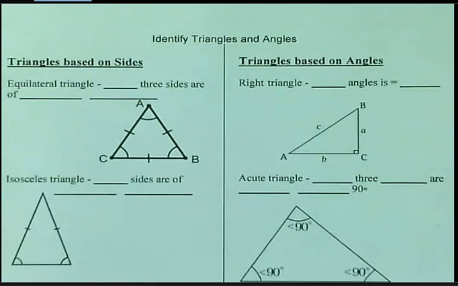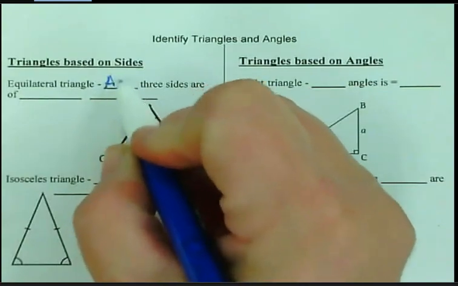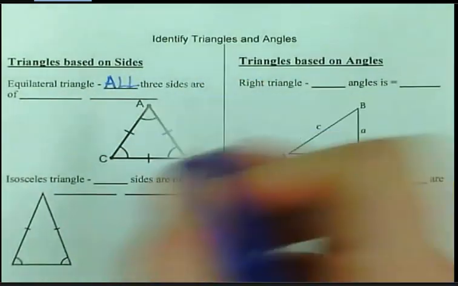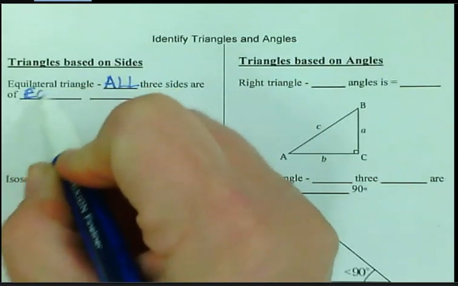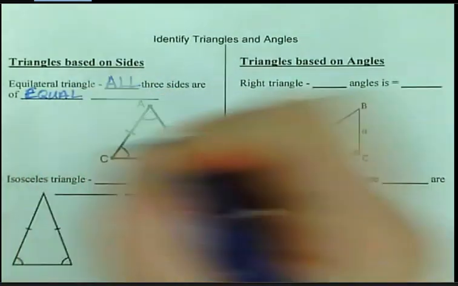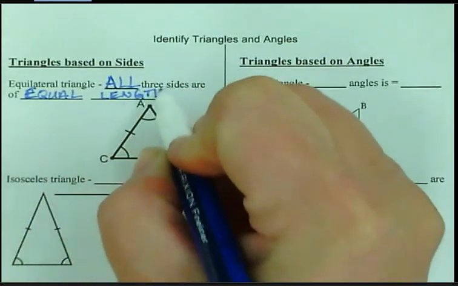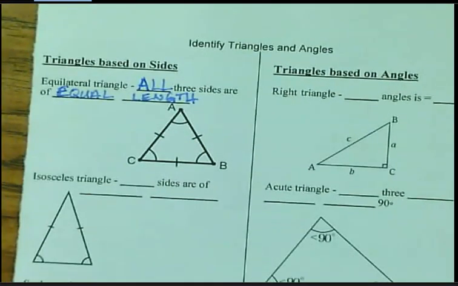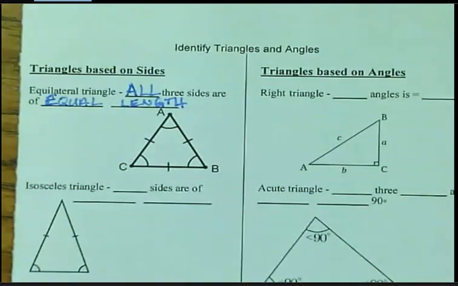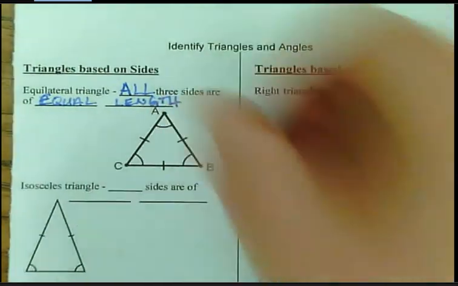You can probably guess that an equilateral triangle has all three sides of equal length. Right? Equal length. So that means going from A to C is the same distance as C to B, and it's the same distance as B to A.